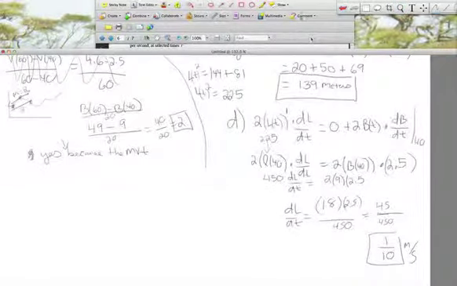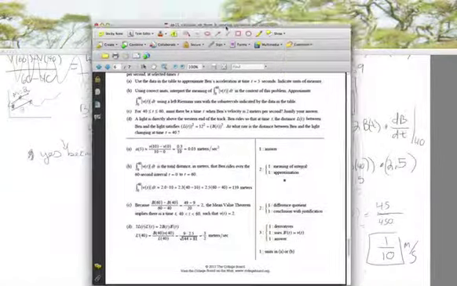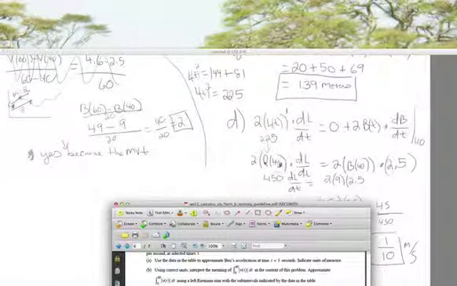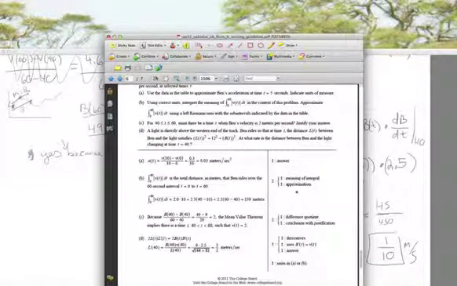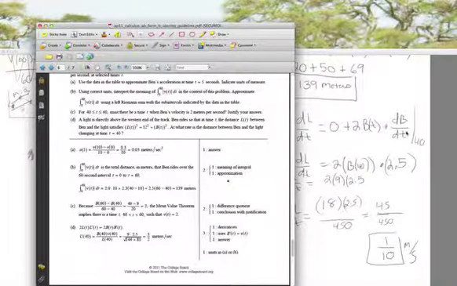Alright, let's quickly see what we did wrong. 2L of t, L prime of t. What do we get? 2 L of t times dL/dt equals 2B of t times dB/dt. Alright, so we got that part right.